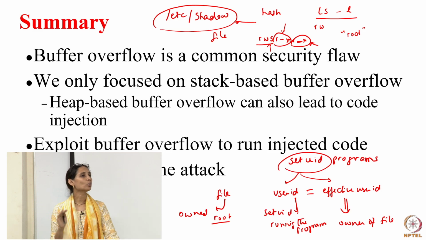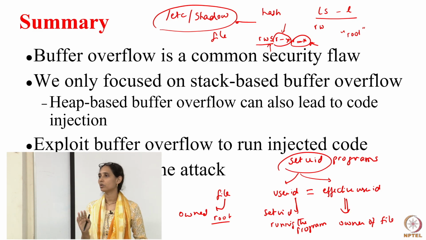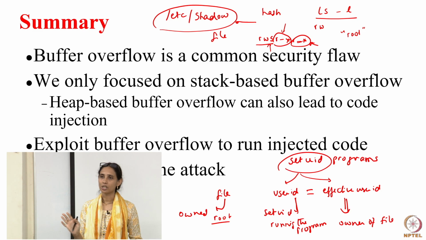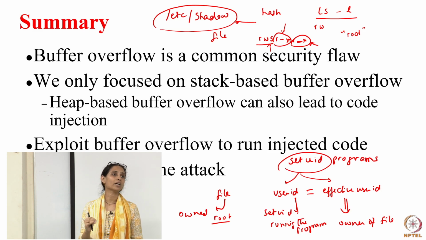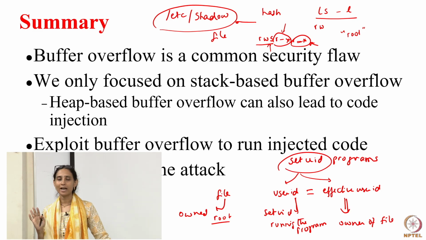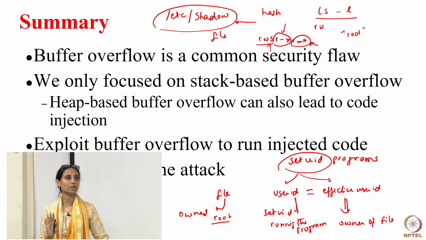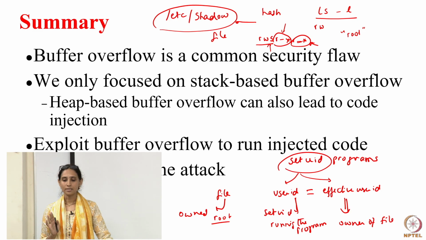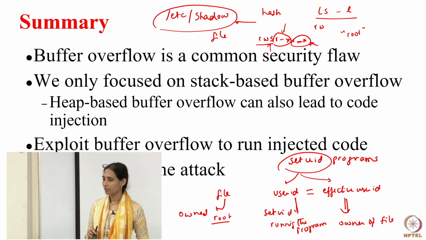So it is not that you randomly choose any program that is out there and you get a root shell, you will get only a user shell. If you really want a root shell, you have to target so-called setuid programs. Only then will you get a root shell. And there are some setuid programs with these vulnerabilities, and that is where people have launched attacks. Okay. So that is it with respect to this buffer overflow.